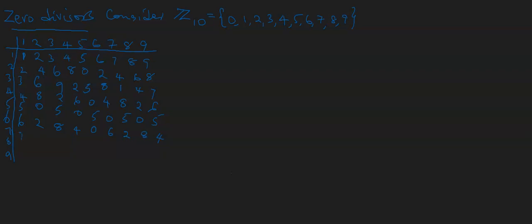For 7, we have 7, 4, 1, 8, 5, 2, 9, 6, 3.